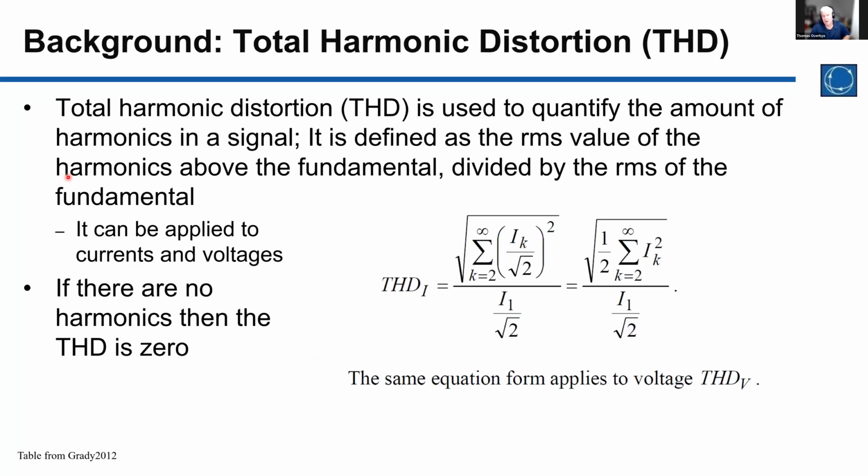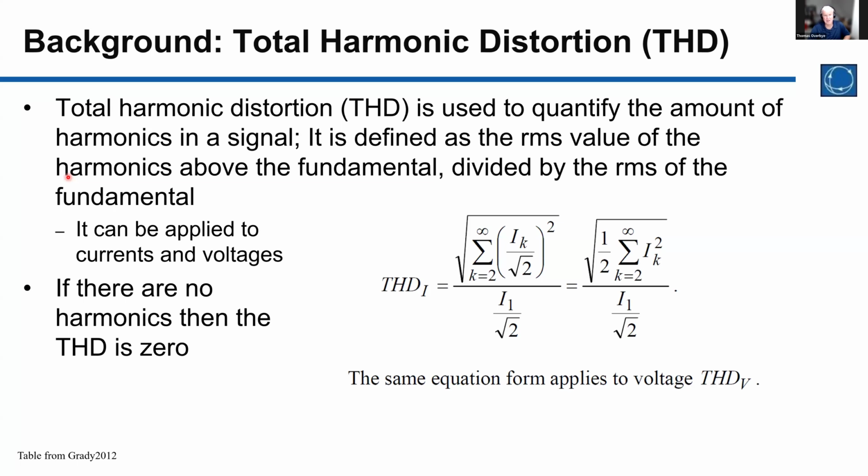One of the terms that comes up when you talk about harmonics is total harmonic distortion, THD. I'll be using that a lot in the presentation. THD is just a measure of how much harmonics you have relative to your fundamental.